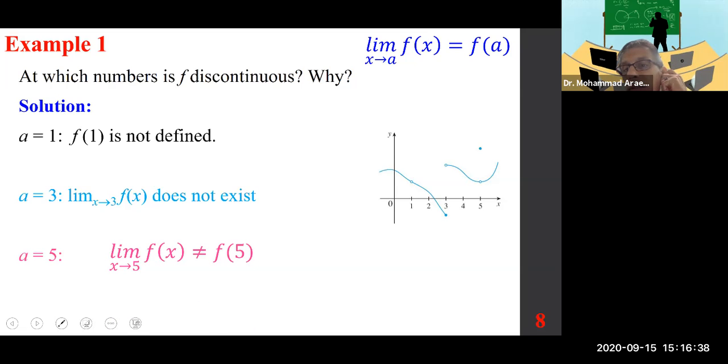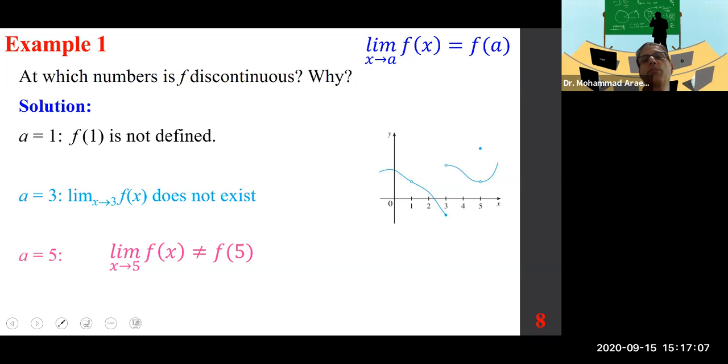The limit does exist, but it's not equal to the functional value. So this is important to understand. Those are 3 different cases. In one of them, the functional value is not given to us. In another, the limit is different from the left and right, so the limit doesn't exist. In another, the limit exists, the functional value exists, but they are not identical.